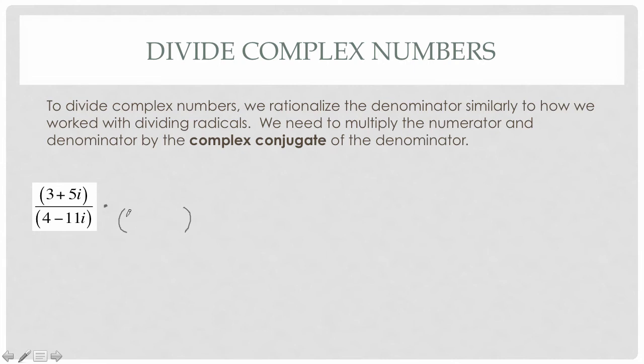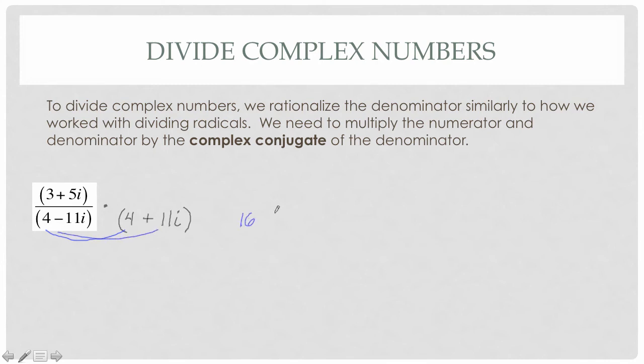What I mean by it, if I have a 4 in the beginning, I have a 4 there. If I have 11i, I'm going to multiply by an 11i. And the conjugate is going to be the opposite sign. If it's subtraction here, I'm going to do addition. If it's addition, I'm going to do subtraction. Watch what happens when I multiply these out on the bottom now. 4 times 4 is 16.